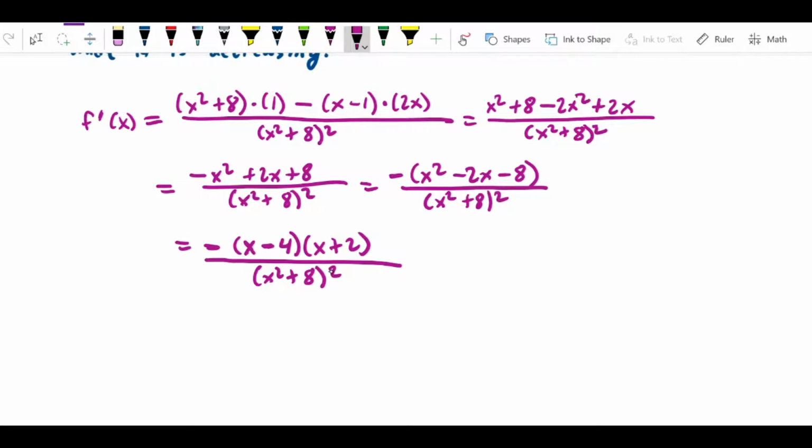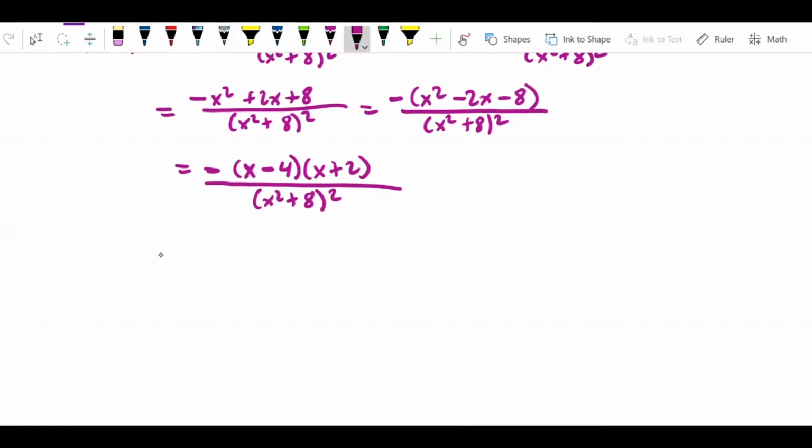So what we can see is that whether a product or quotient is going to be positive or negative depends on how many of its factors are positive and how many are negative. Here we always have this minus sign, a constant negative 1, and then we have x minus 4 and x plus 2.